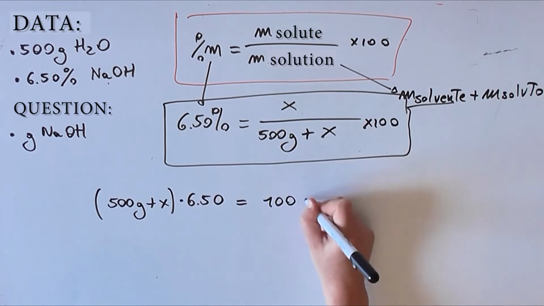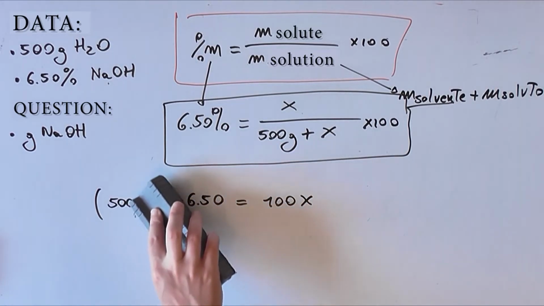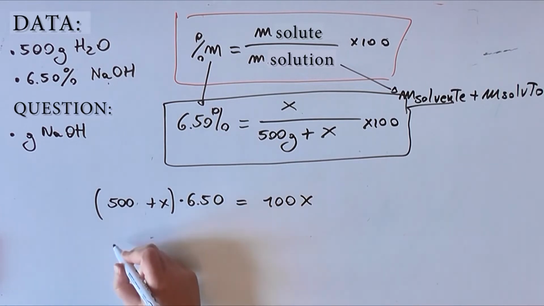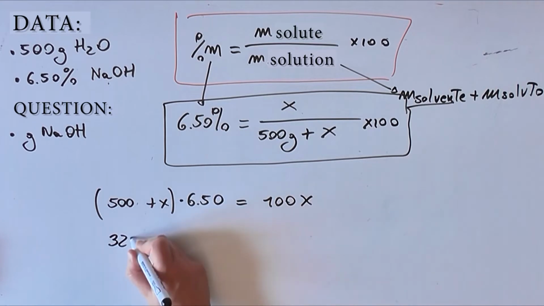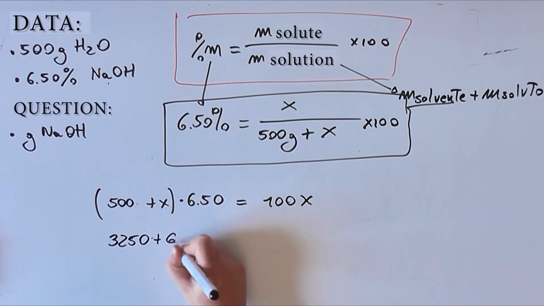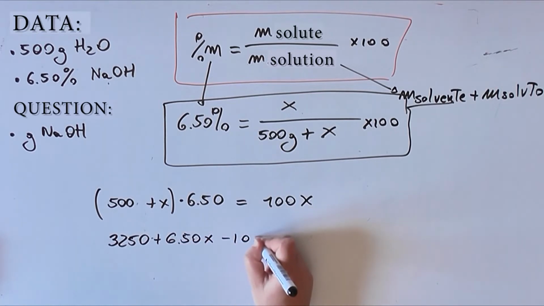We can erase g this time to prevent confusion. Let's use only numbers. 500 times 6.5 is 3,250 plus 6.5x minus 100x equals 0.